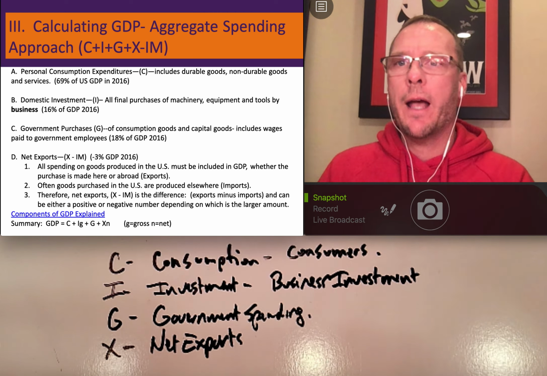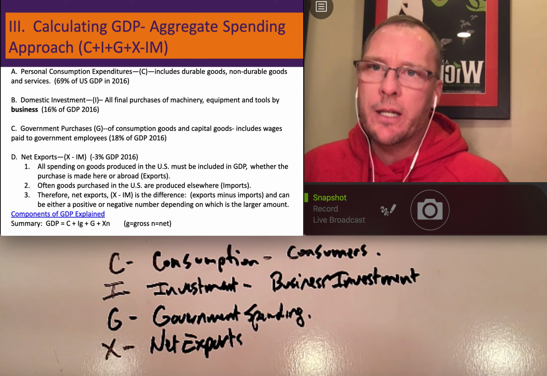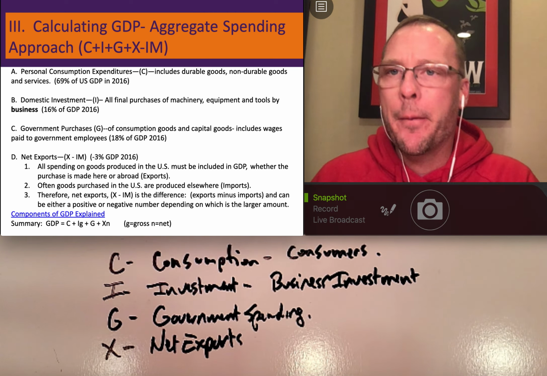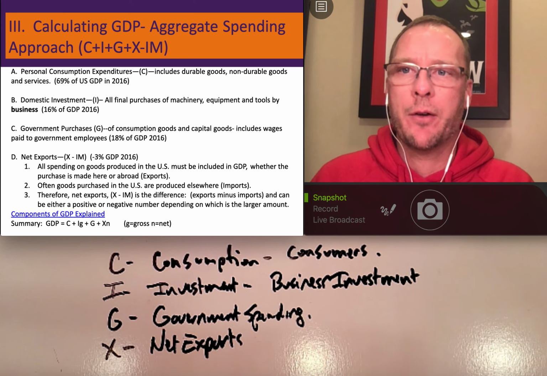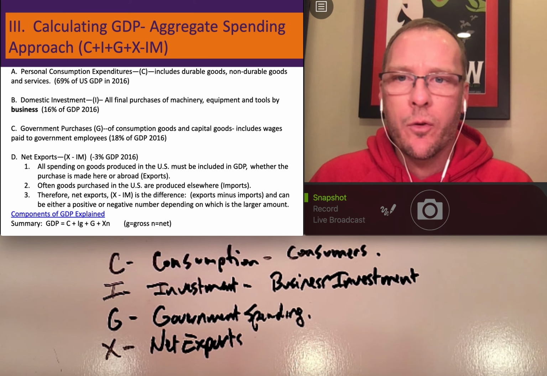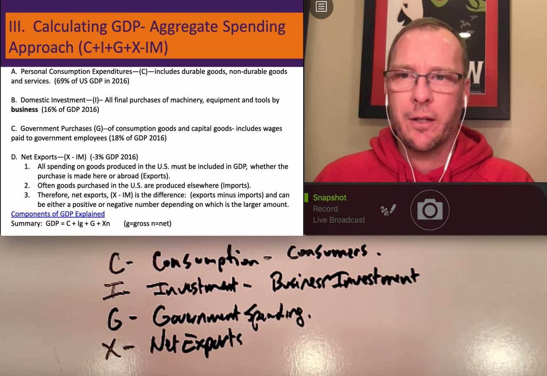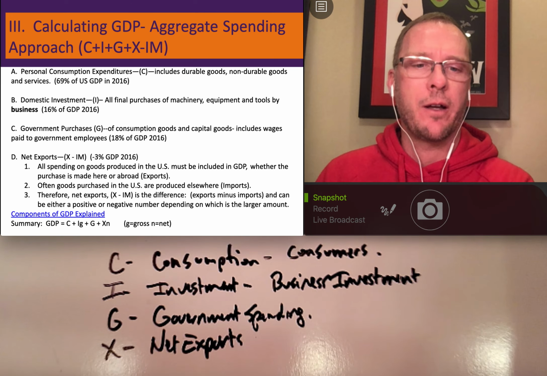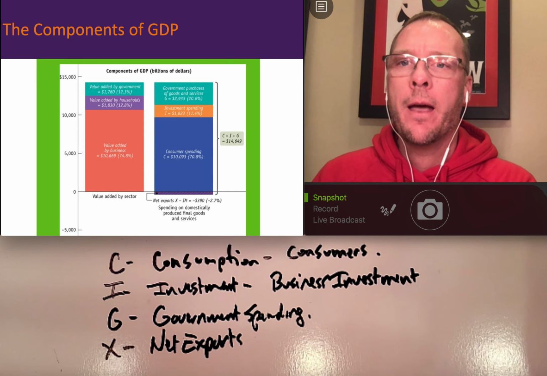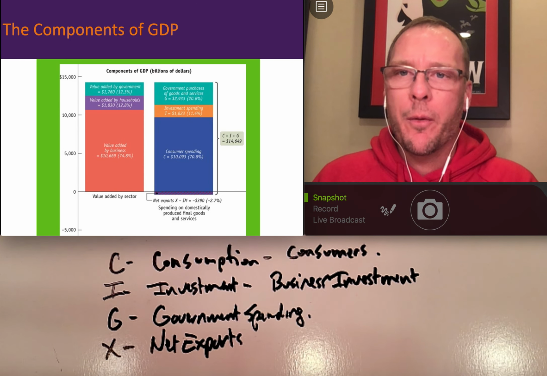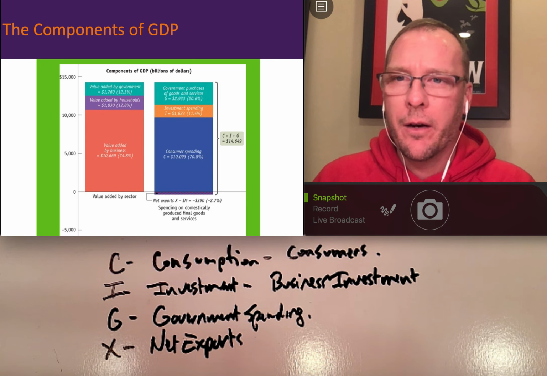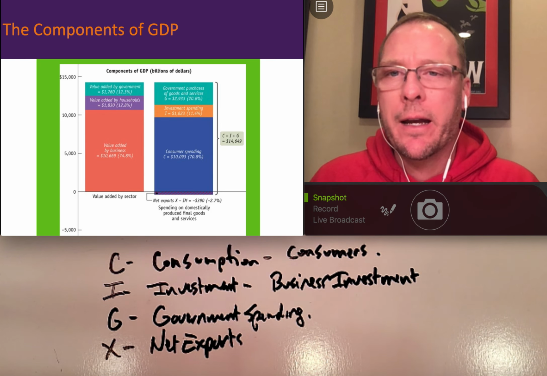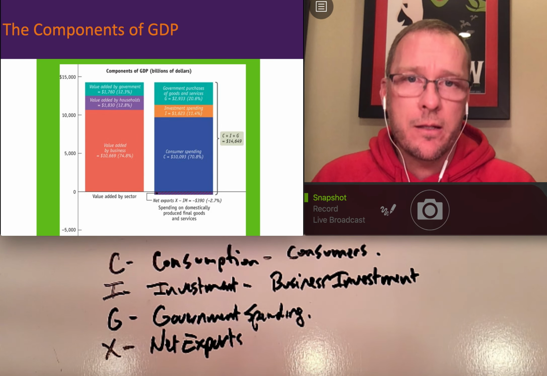Okay. So when you're calculating this C + I + G + X - IM, again, this just breaks it down to what it is. So you can read that. Those are just your different types of consumption, investment, government spending, etc. If you look at the bottom portion of the right side, you can see that is consumption.